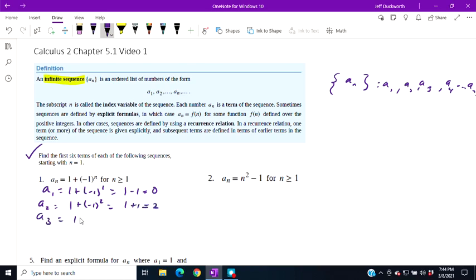a3, we're at negative 1 to the third power instead. That's back to the 1 minus 1, which is 0. a4 is 1 plus negative 1 to the fourth, 1 plus 1 again. That means a5 will be equal to 0, and a6 will be equal to 2.